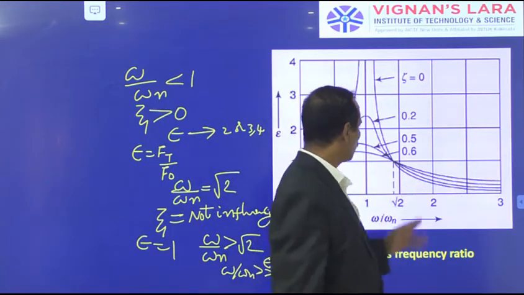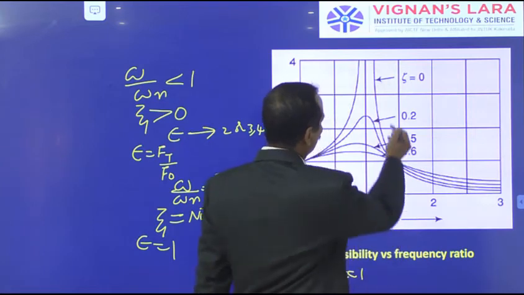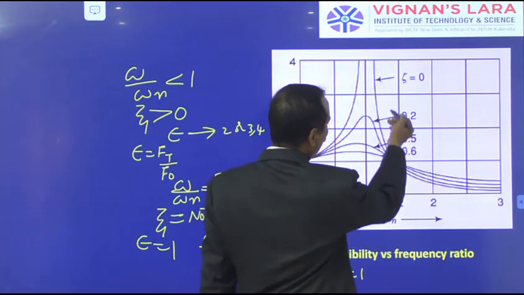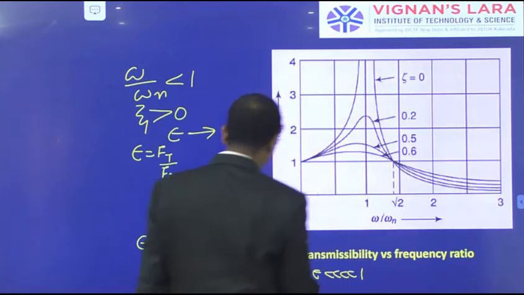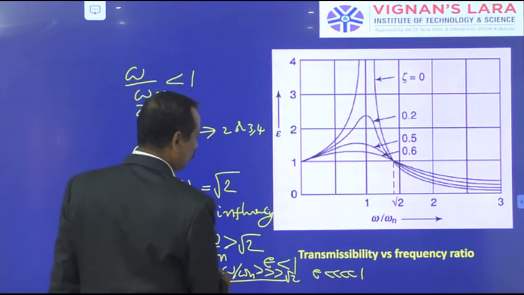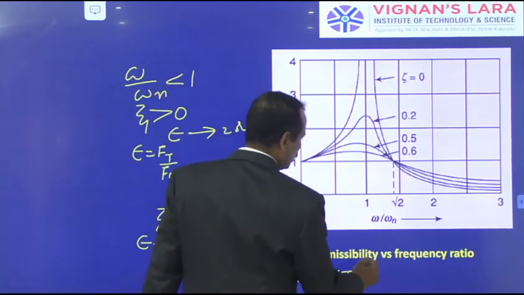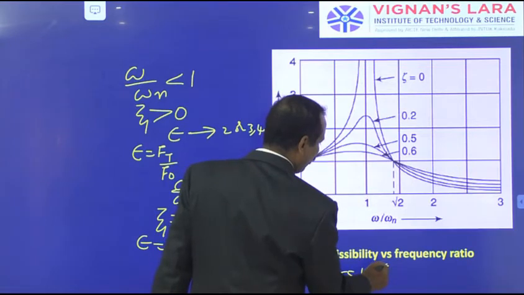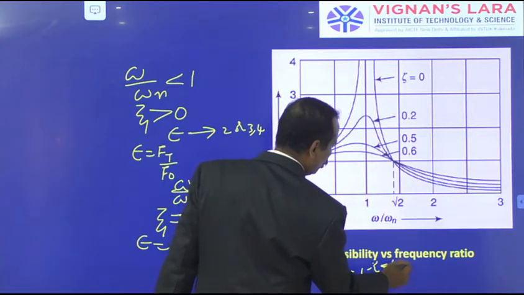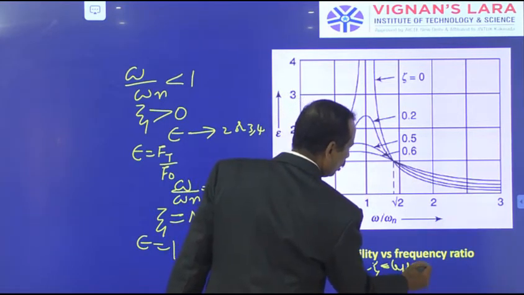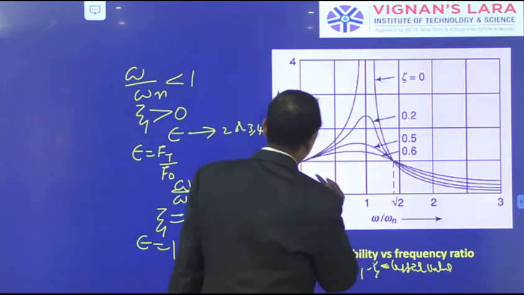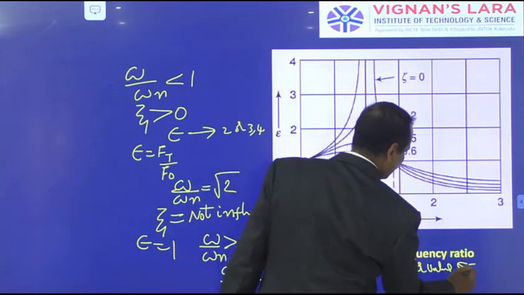And you can also see, looking at it the other way, when omega by omega n is a higher value and zeta is a lesser value, your epsilon is less.